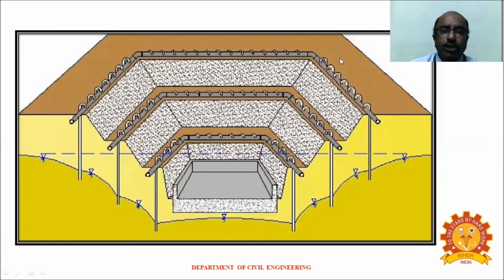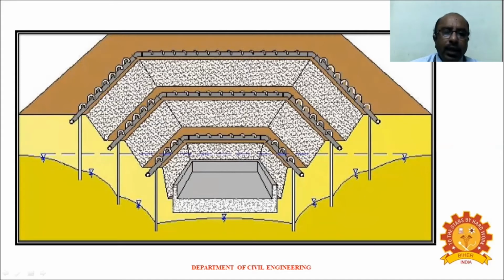So this is the schematic picture of a multi-stage well point system, where first we lower the groundwater table from this level to this level by this stage of well points.